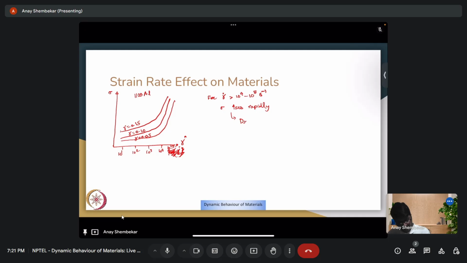Dramatic hardening is seen, and this is generally not accounted for in popular constitutive models. It ends up requiring a lot of special modifications to the model.